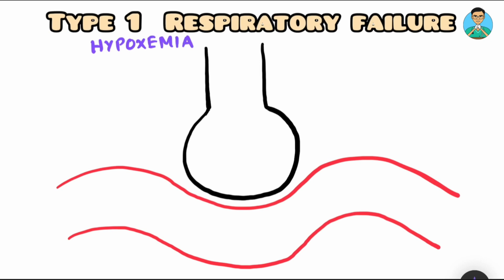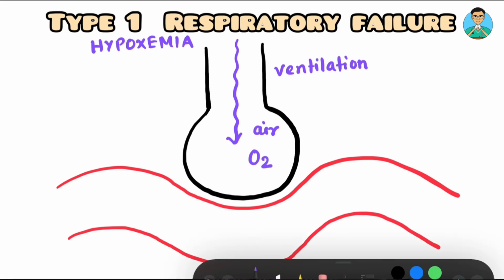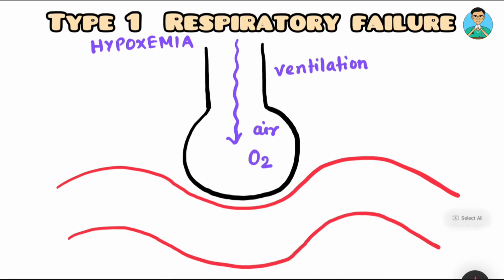Now for that, we have to first understand the basic physiological parameters at play over here. First, the air that is entering into the alveoli contains oxygen, and this process is known as ventilation. Along the alveoli there is a dense capillary network, and that network contains blood.